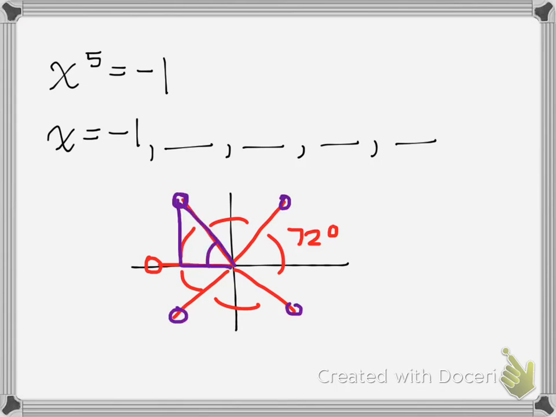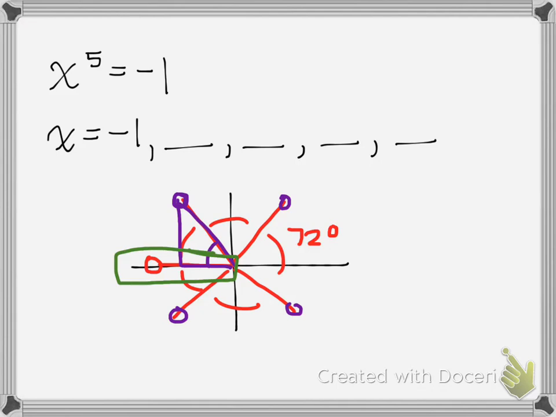Now, the trick here is to take that first root and write it in trigonometric form. So this -1, it's going to be beneficial to me to write that in trigonometric form.